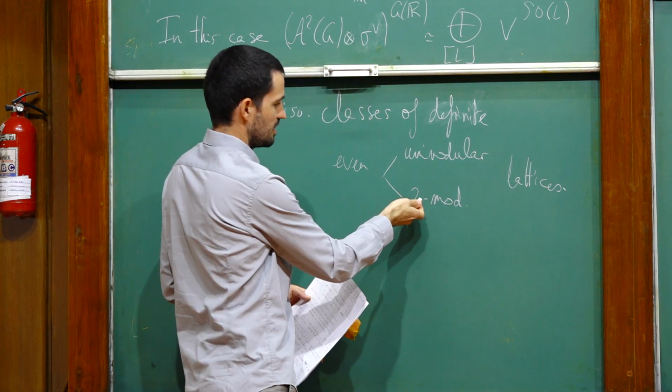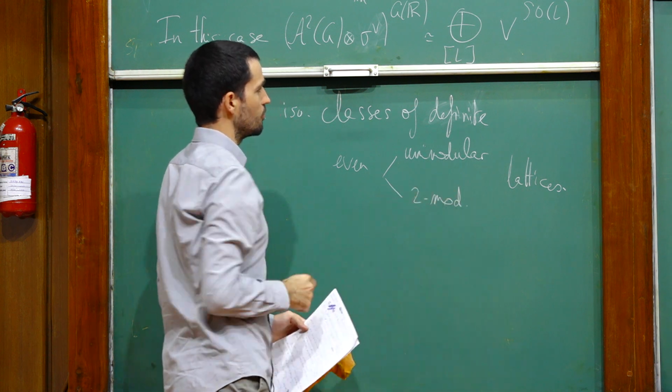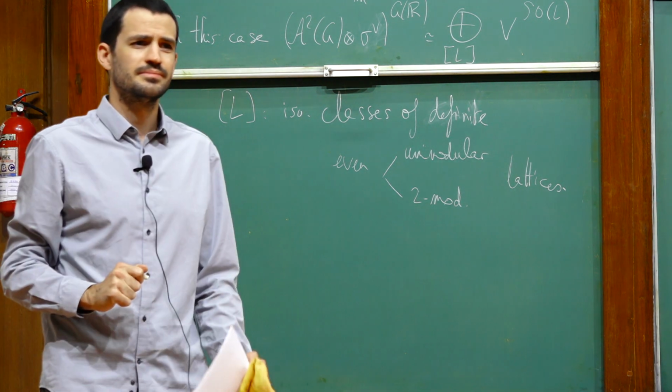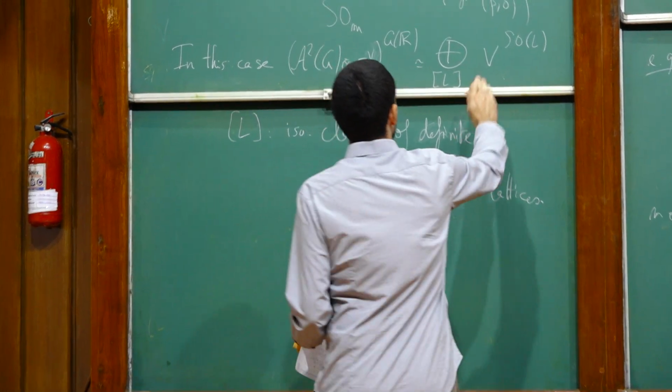So in odd dimension, that's what gives you a good reductive group over Z.